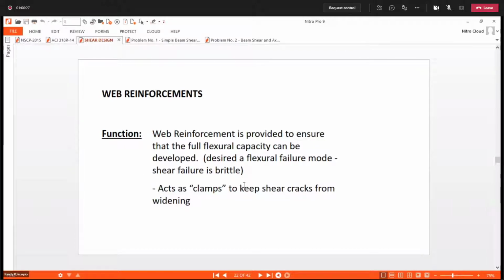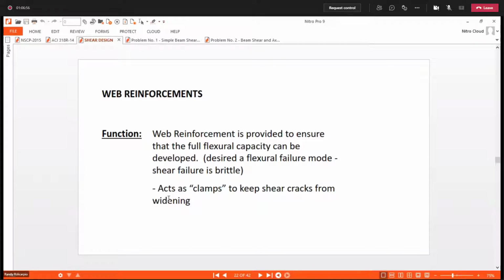It breaks suddenly. Now, if you put shear reinforcement, it will resist the stress developed due to tension, so your failure will be a flexure failure mode, not a shear failure.